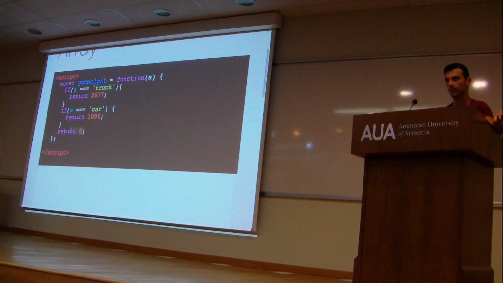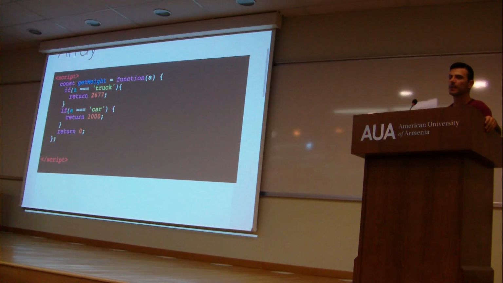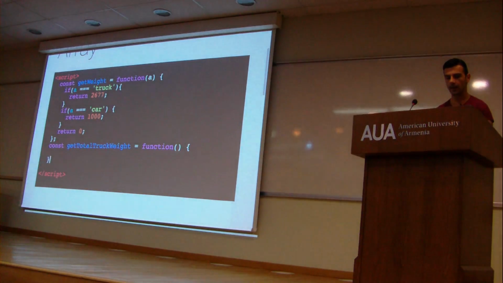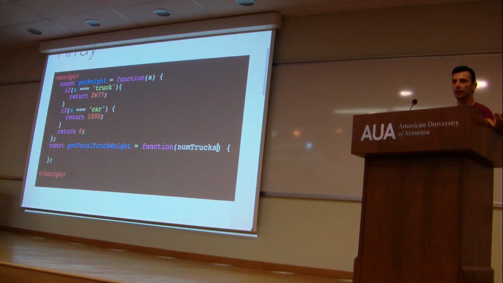So that's okay too. So we have getWeight, and the whole idea behind this was to implement a function called getTotalTruckWeight. So const getTotalTruckWeight, which takes a function and number of trucks, numTrucks. You could call it A, I don't care, but some input that specifies how many trucks.